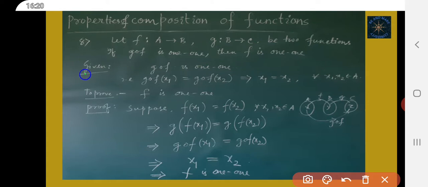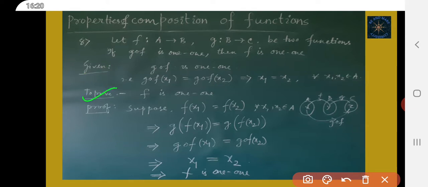So given g∘f is 1-1, you can write g∘f of x1, g∘f of x2, which implies that x1 is equal to x2.